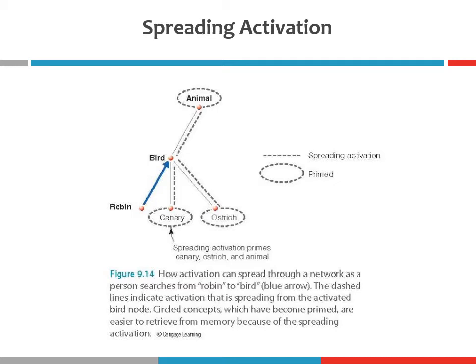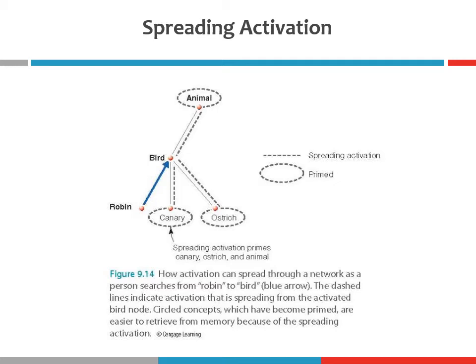Therefore, if you activate the canary to bird pathway, additional concepts that are connected to bird, such as animal and other types of birds, are also going to become activated, okay?